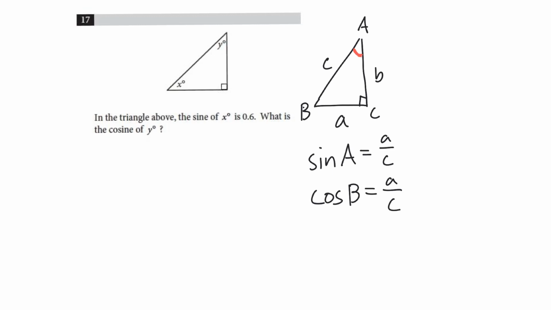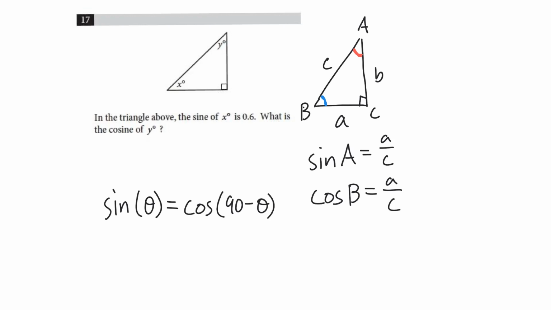Okay, so what this is telling us is that the sine of an angle is equal to the cosine of its complement. In other words, sine of theta will equal cosine of 90 minus theta.